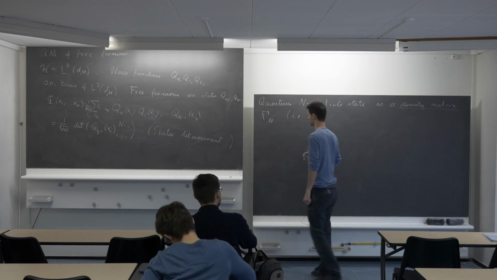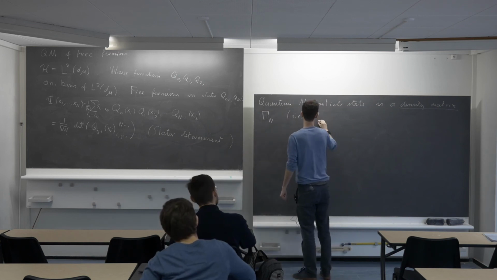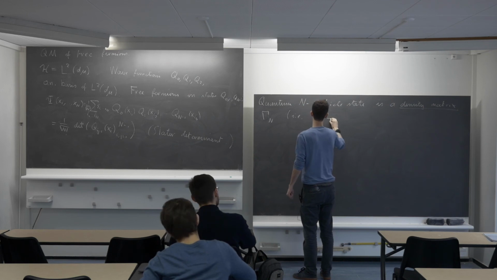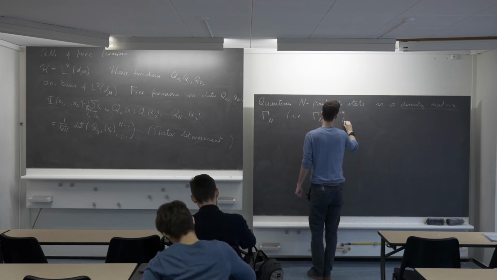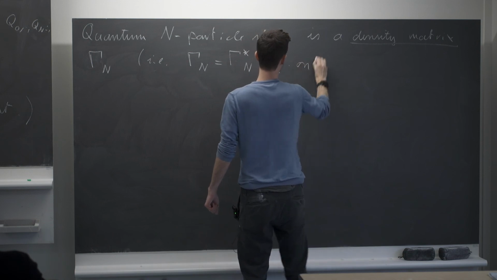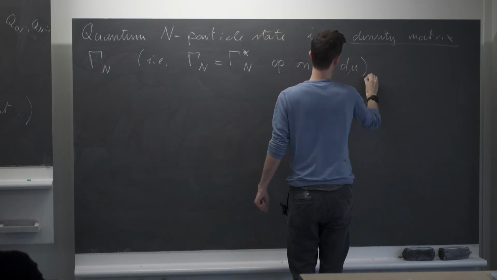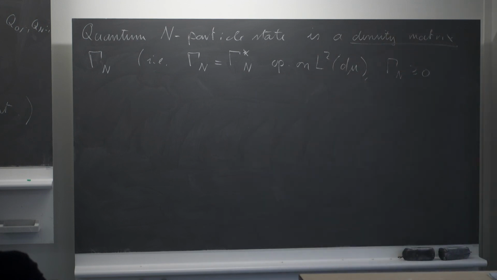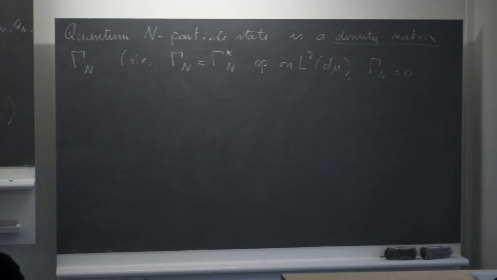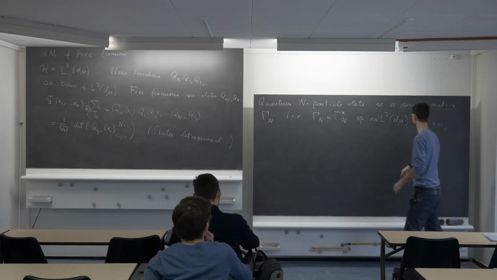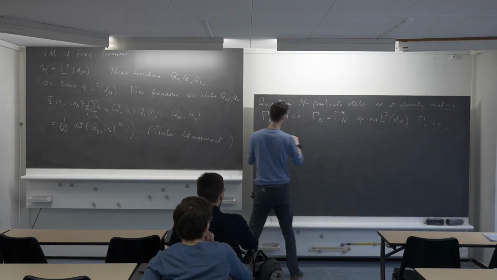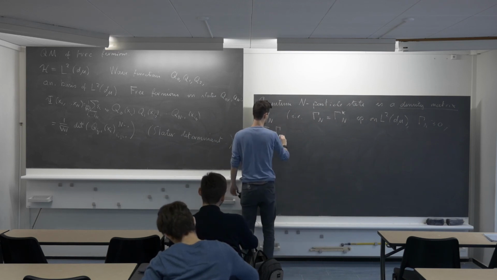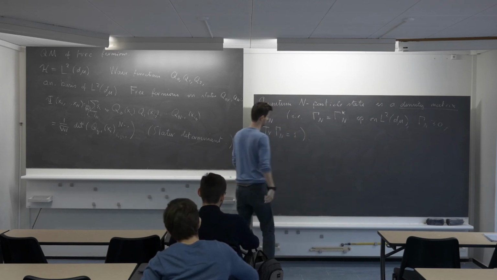So what does it mean for this thing to be a density matrix? It's an operator, so it's a self-adjoint operator on this Hilbert space. It's a positive operator, so all of its spectrum lies on the positive real axis. And its trace is equal to 1.